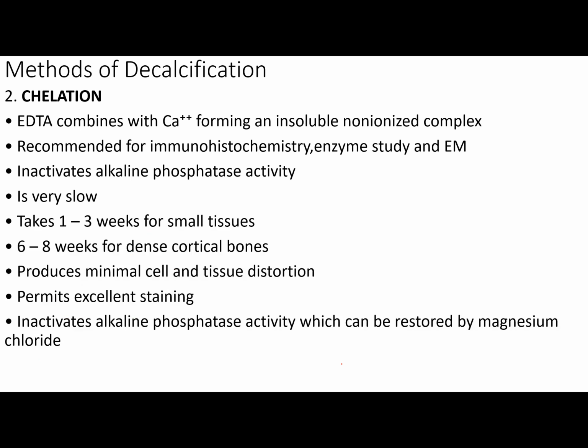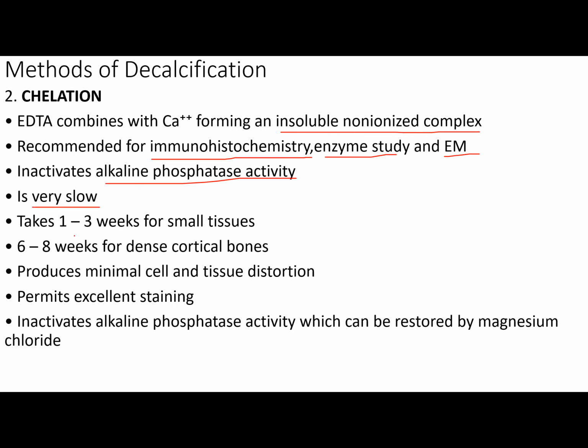So we're done with the use of acids, class. Another method for decalcification is chelation. So in chelation, you would use EDTA, combining it with calcium, which would form an insoluble non-ionized complex, recommended for immunohistochemistry, enzyme study, and EM. Inactivates alkaline phosphatase activity.